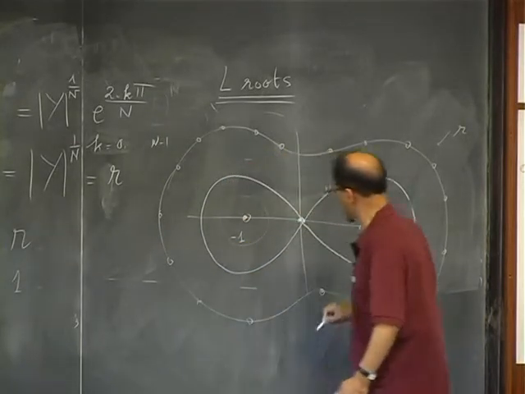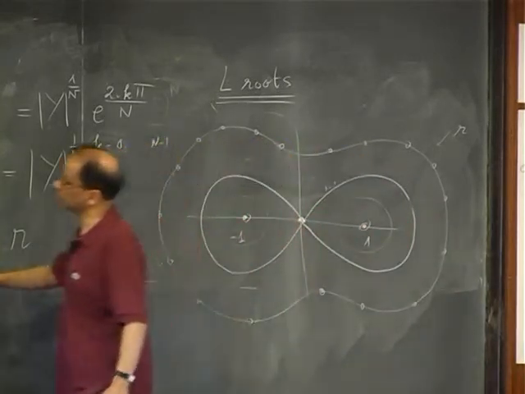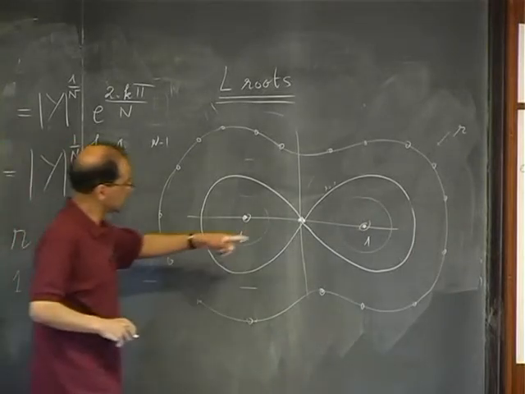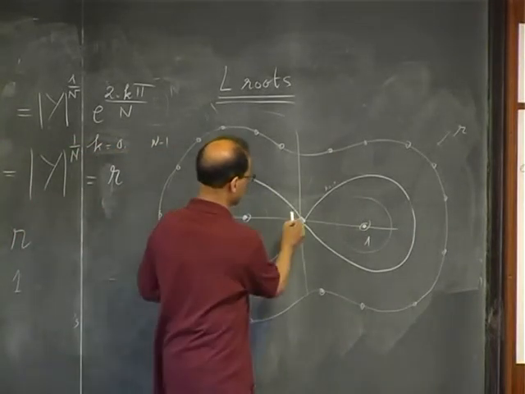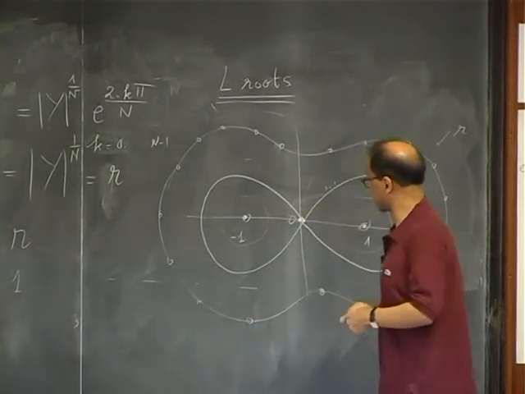There is a simple symmetry: if zeta is a root of this polynomial, minus zeta is a root also. So there is a symmetry with respect to the center of the diagram, the 0 point of the complex plane.